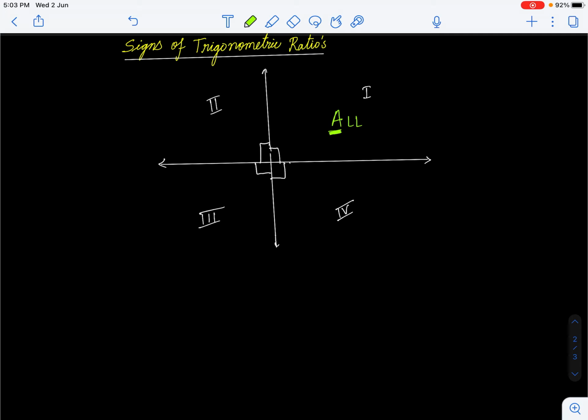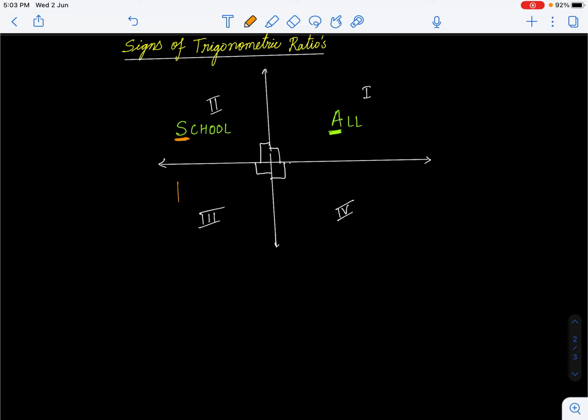Now in the second quadrant, I am going to use the word school. Concentrate on the first letter only, that is S. S stands for sine theta. So in the second quadrant, sine is positive. Obviously if sine is positive, then cosine is negative and tangent is negative.